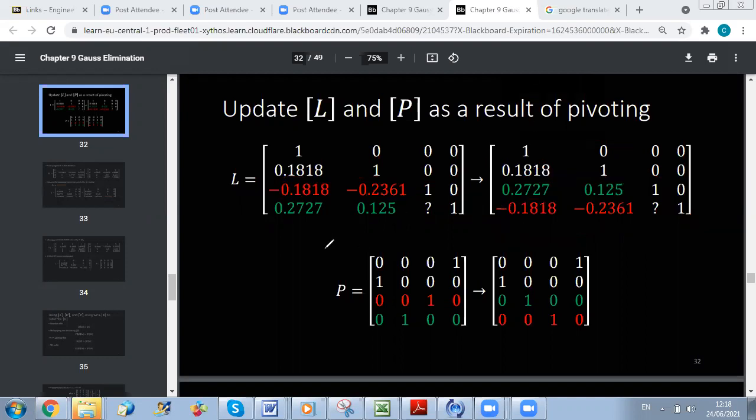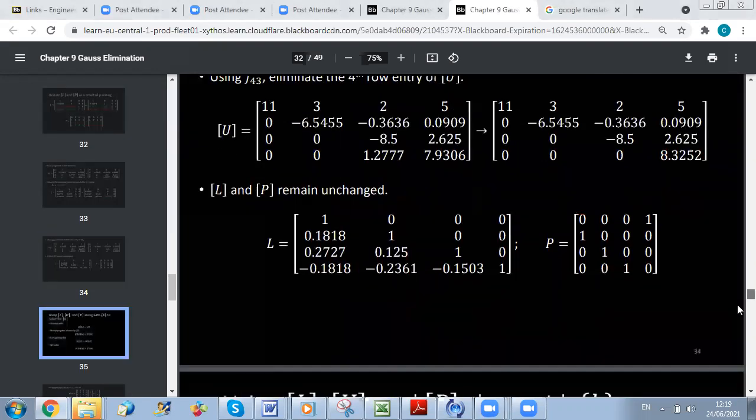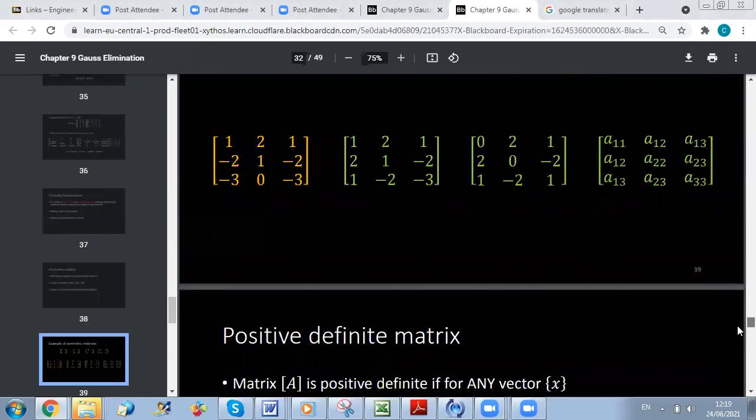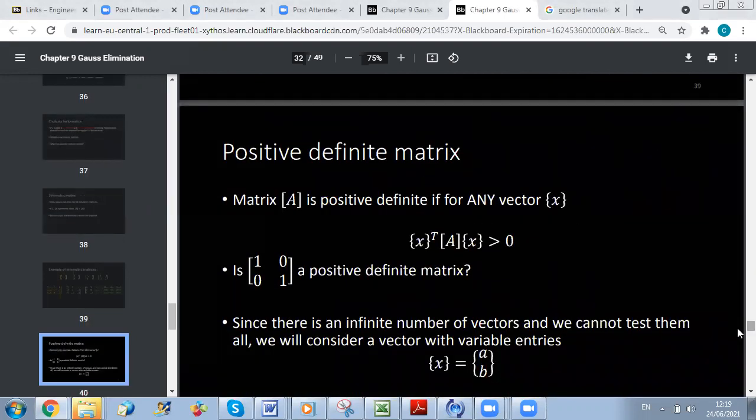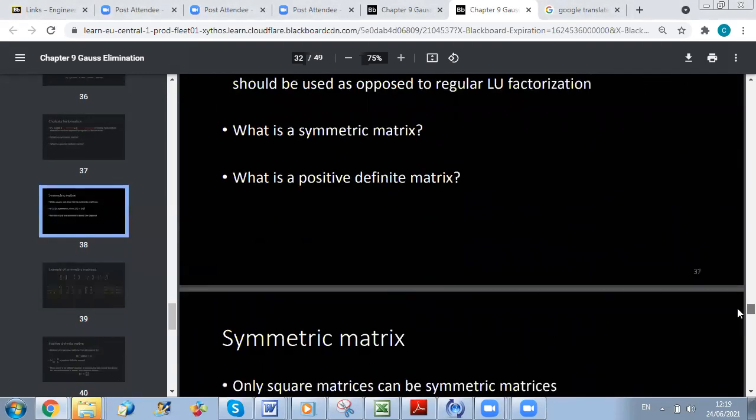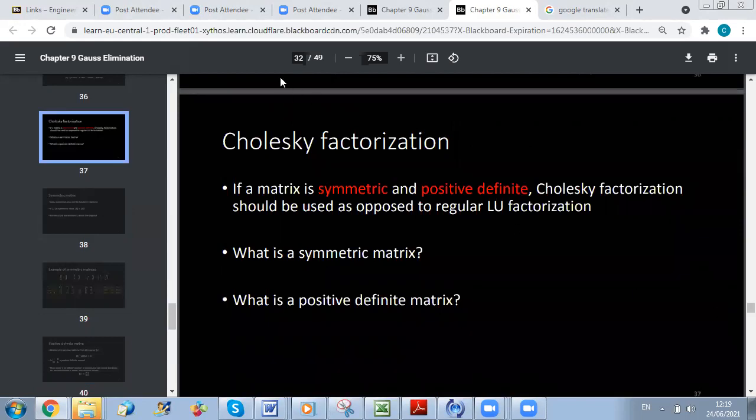Any other question on this? Okay. So now, if you remember when we defined LU factorization, we said that one method to perform LU factorization is to do the Gauss elimination.